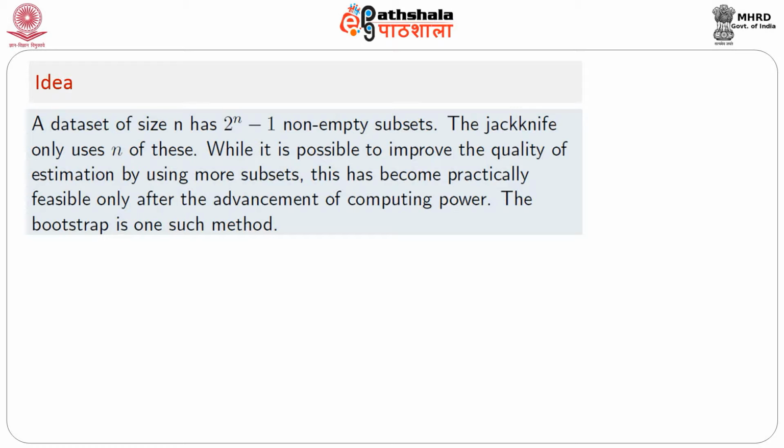This was not practically feasible before the advent of computers. Only when statistical computing became stronger did the idea of the bootstrap come into place. The bootstrap was introduced by Efron in 1975, where it takes many of those 2^n minus 1 non-empty subsets and uses them to perform inference.